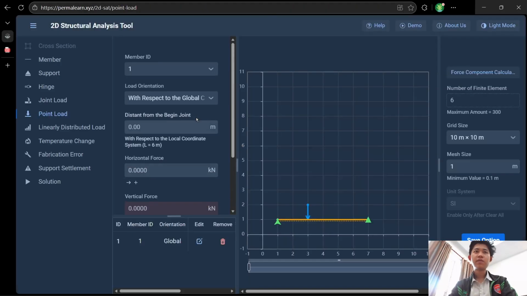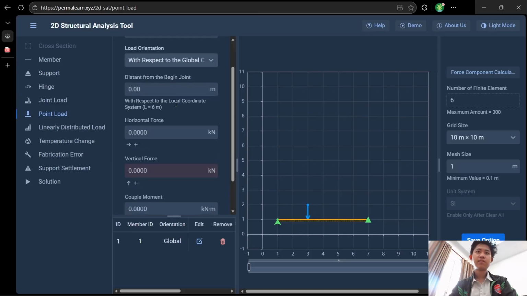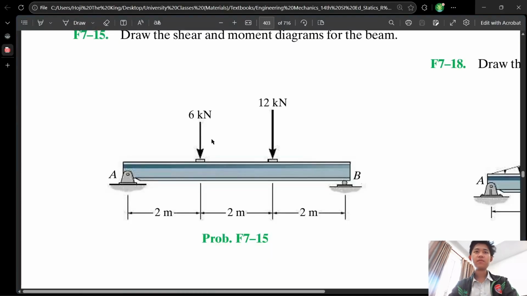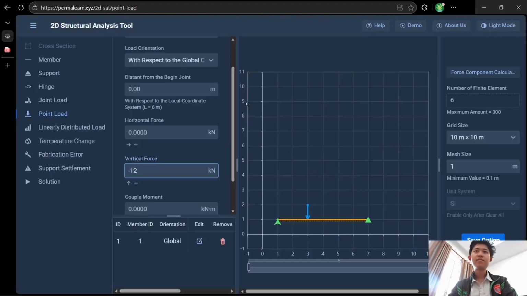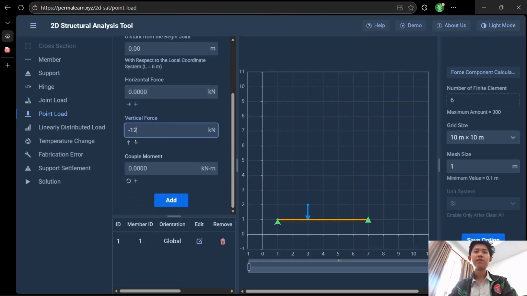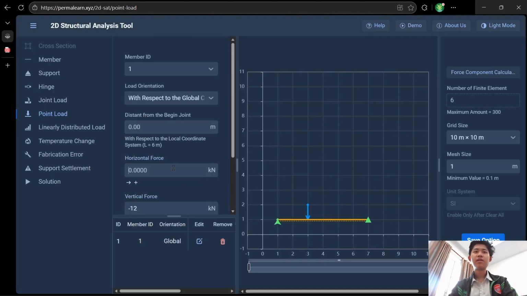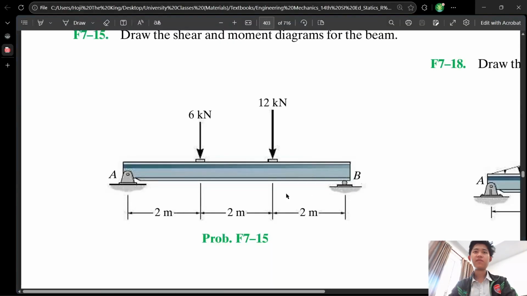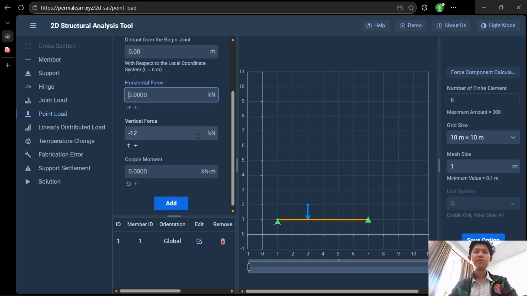Now we can do the same thing with another load, which is -12. Downward is negative, and it's actually 4 meters from our origin point. So we can just put 4.